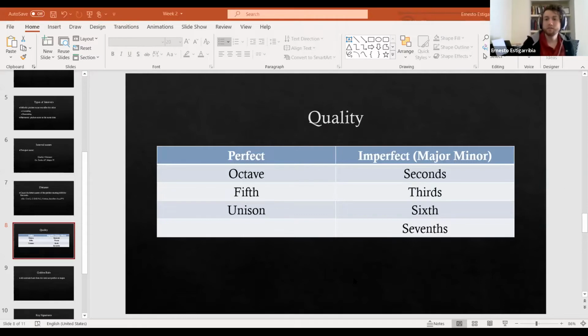What is that called? Mariela, you have it? No? You can say no, it's okay. Dimitri, how you doing? Do you have this one? Is it a major second? It is precisely a major second.